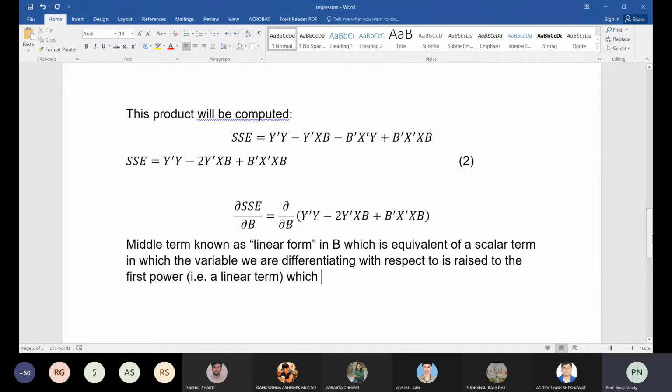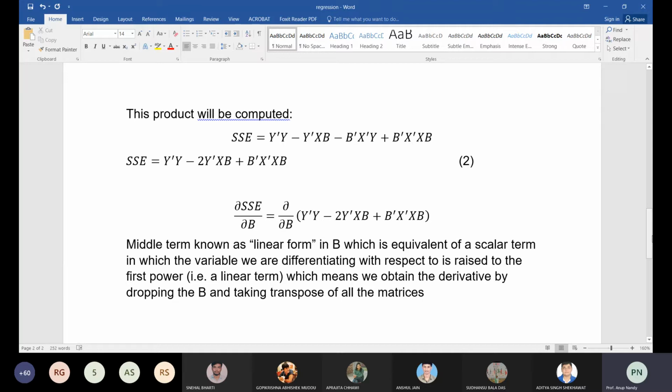It means that, following matrix algebra, we obtain the derivative by dropping B and taking the transpose of all the matrices in the expression.